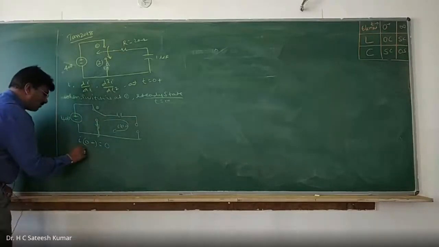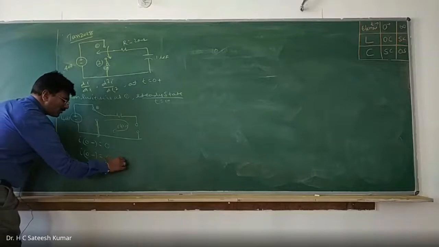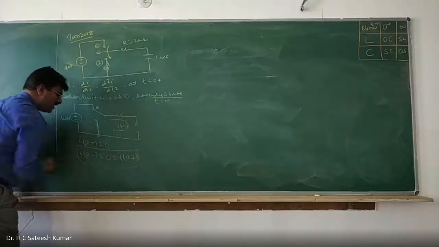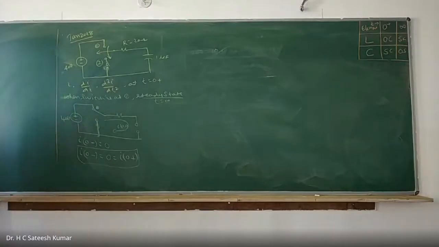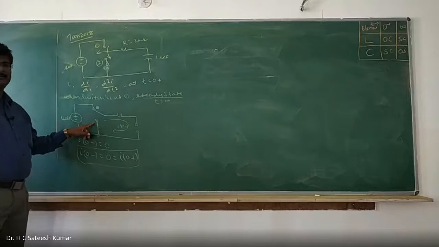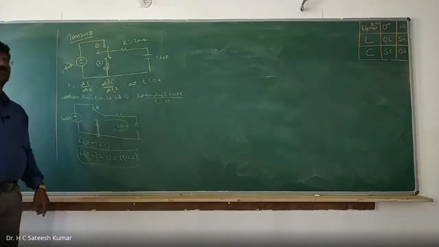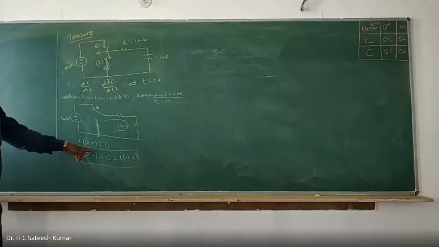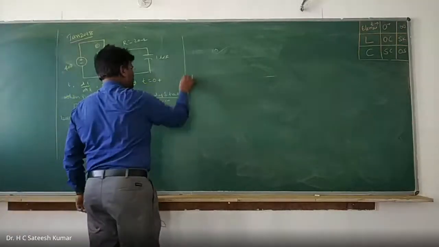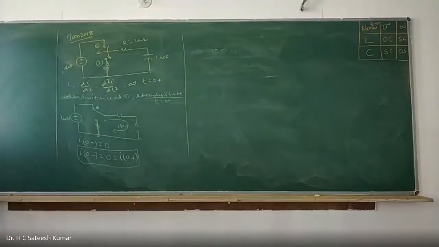Therefore, I0 minus is equal to 0, which is equal to I0 plus, because we have proved this earlier. When the switch is changed its position suddenly, the value will be 0 only. Here the current will become 0.